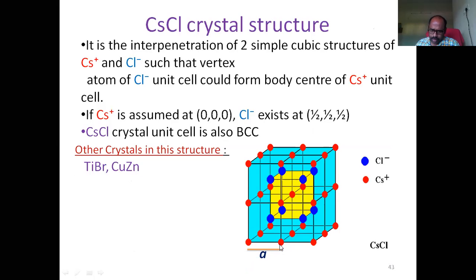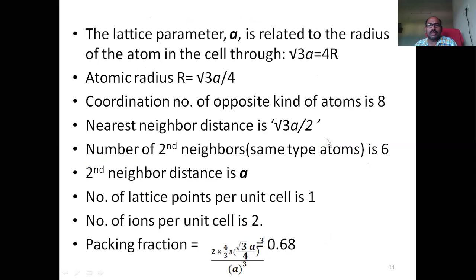Therefore, there is one atom along x direction, along y direction, and negative z. Similarly, we can imagine three in opposite directions at the same distance. So the total is 6. The number of second nearest neighbors is 6, and the distance is a.